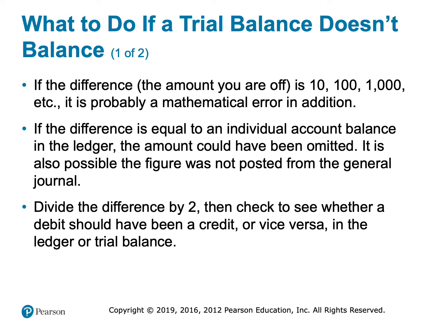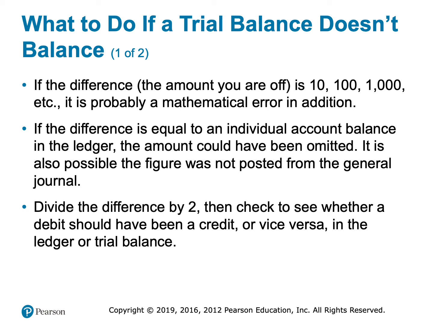So if the amount that we're off is equal to a 10, 100, 1,000, etc., in other words, it's a difference of 10, then probably we just added something wrong, okay? If the difference is equal to a certain account balance, then make sure that we got all of the accounts on the trial balance, right? It's easy to have accidentally skipped over one, especially if it's one that maybe we don't use a whole lot.